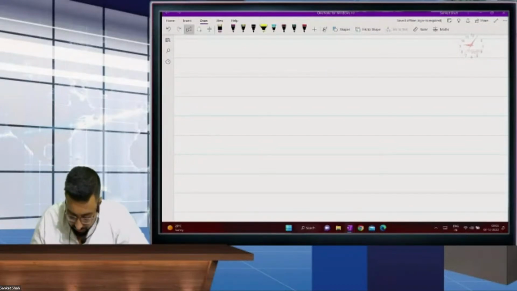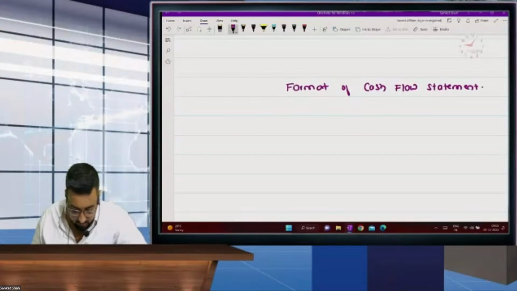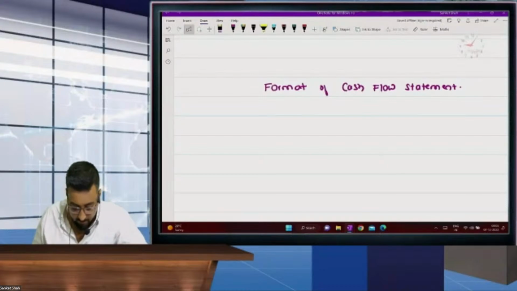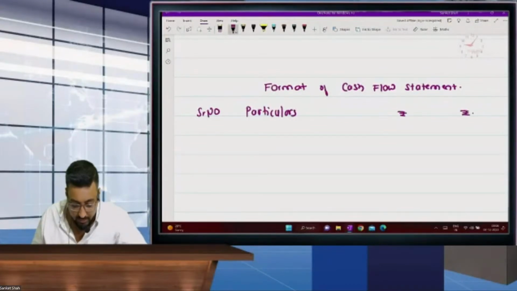Come on, after 2 pages, write down the format of cash flow statement. Serial number, particulars, rupees.